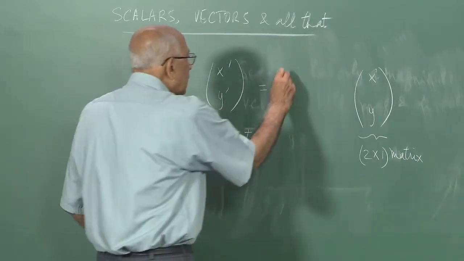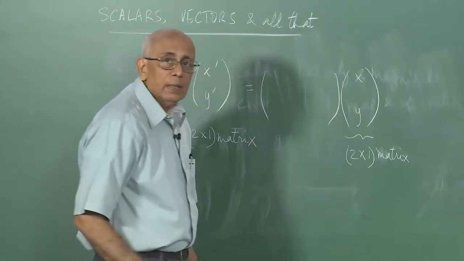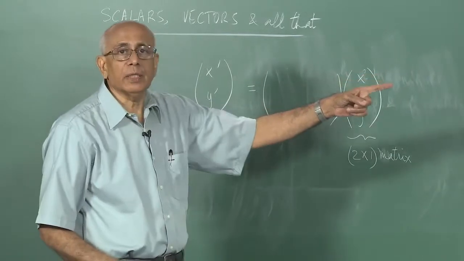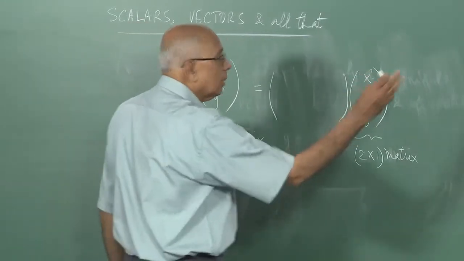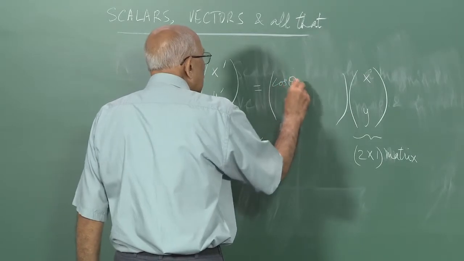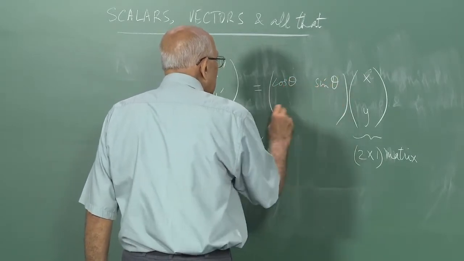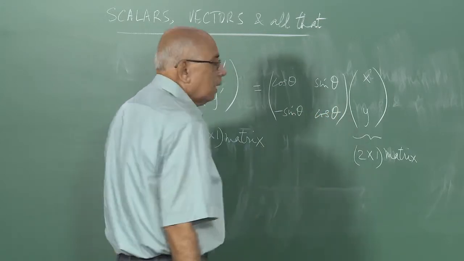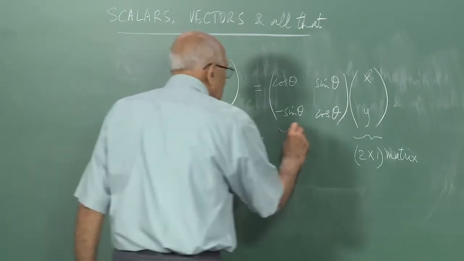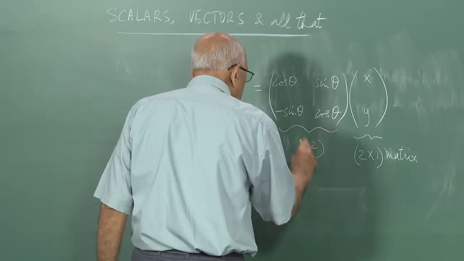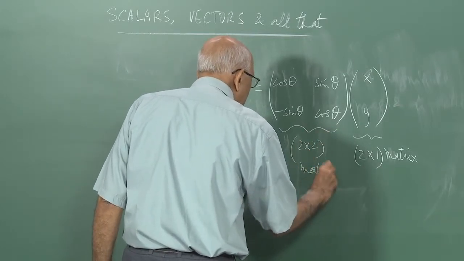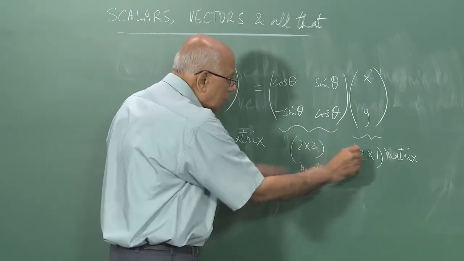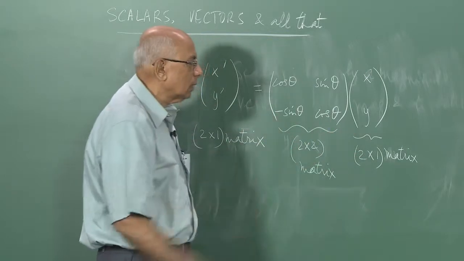And it must be acted upon, as we say, by something which is a 2 by 2 matrix, and that is the matrix of coefficients there, whatever is multiplying x prime and y prime. So that thing is cos theta, sin theta, minus sin theta, cos theta, and by the rule of matrix multiplication, this is a 2 by 2 matrix, and as you know, when you multiply 2 by 2 by 2 by 1, the 2's cancel out, so to speak, and you get a 2 by 1 once again.